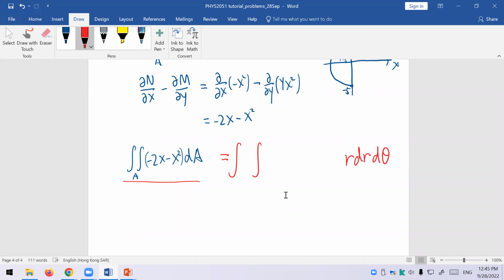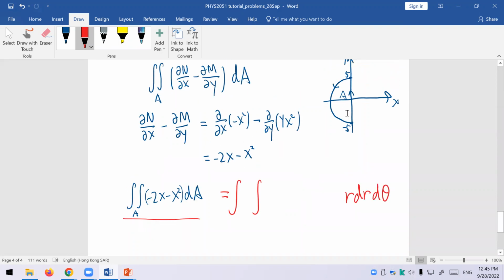So what is the r limit, right? So it's a solid circle, although it's just a semicircle, so it's a solid circle with a radius 5. So that's why I need to go from 0 to 5 for r. So what about theta? It's not a full circle, right? So it's not from 0 to 2 pi.